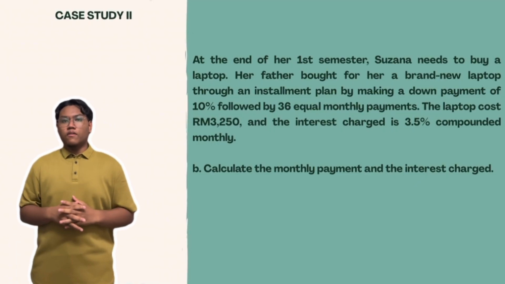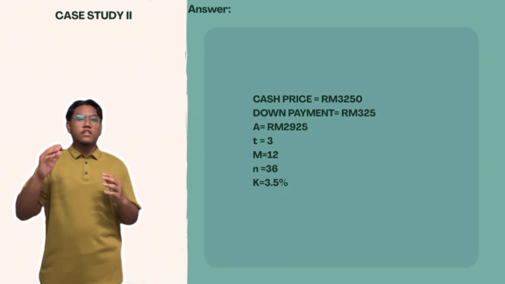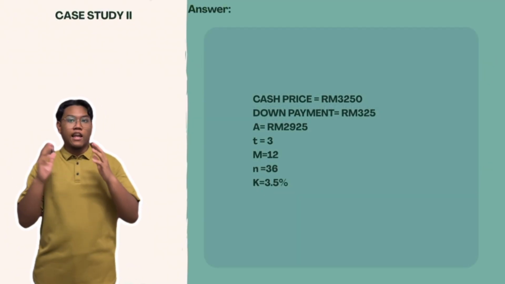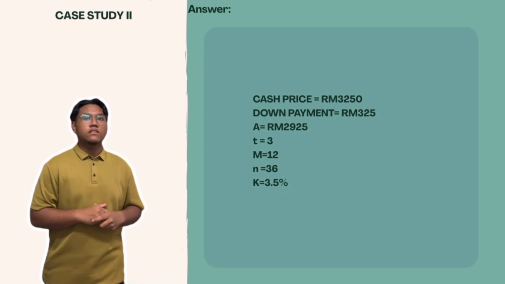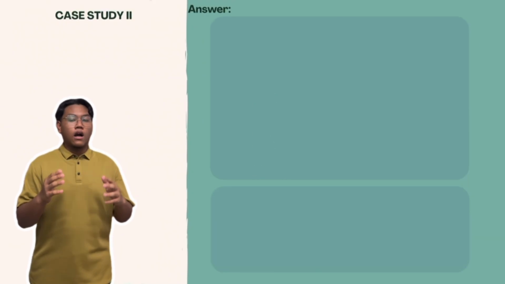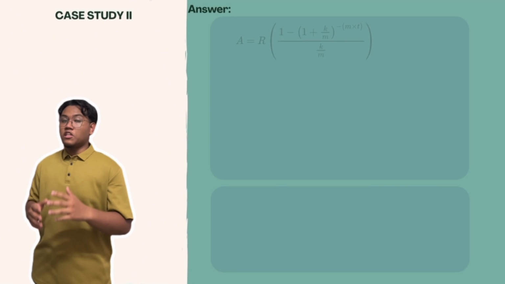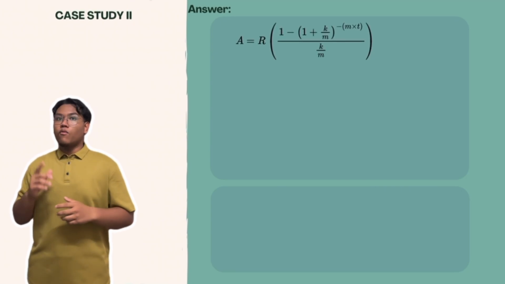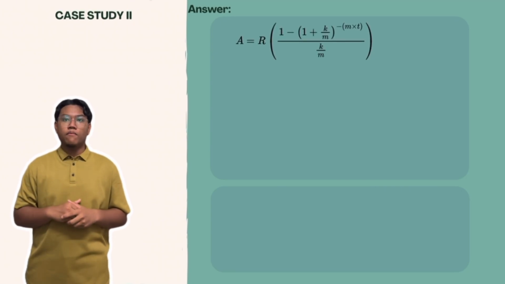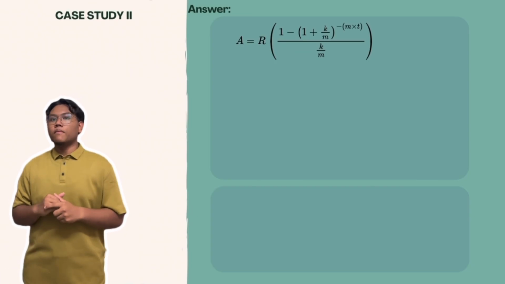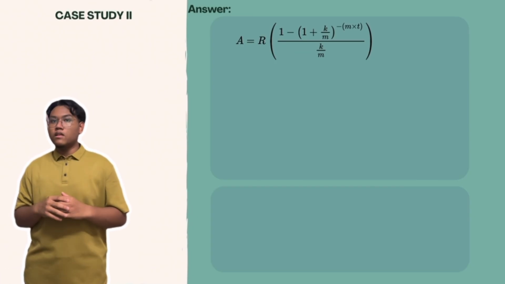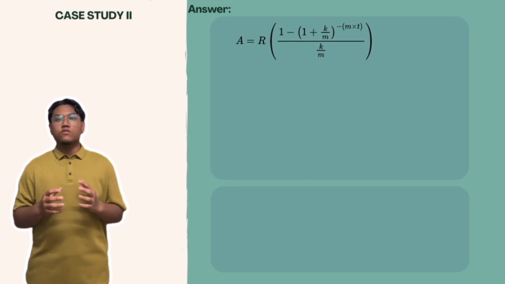So we list all the information given from the question like this, and then we decide which formula we want to use. For this question, we decide to use A equals R[1 − (1 + k/m)^(−mt)] over k/m.